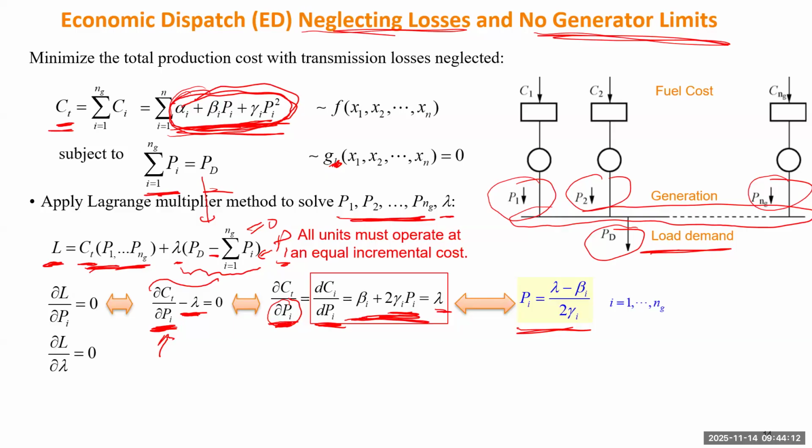So this statement is actually pretty reasonable. If you think about the statement, all units must operate at equal incremental cost, what does that mean?